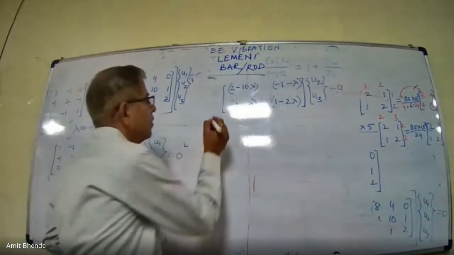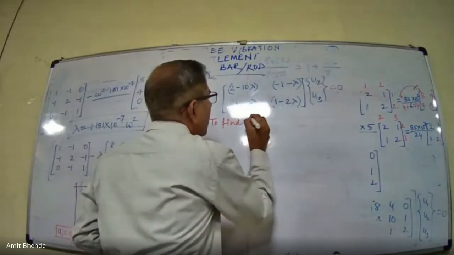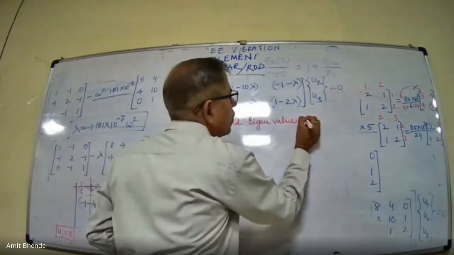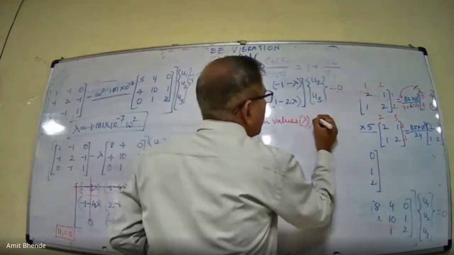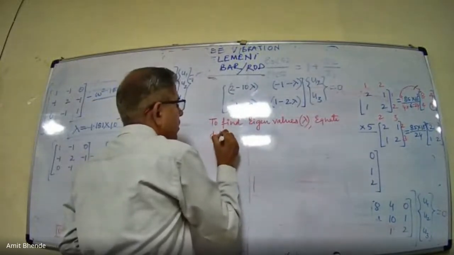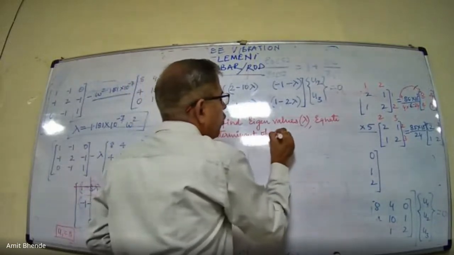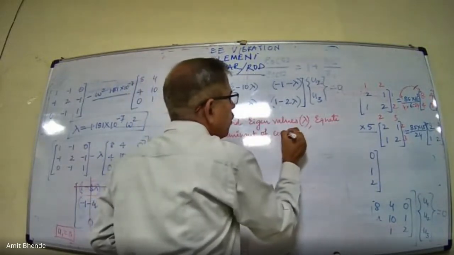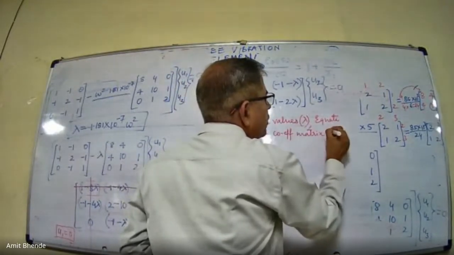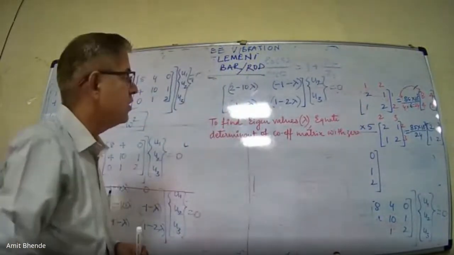So to find the eigenvalues of lambda, equate the determinant of the coefficient matrix with 0. This is called the coefficient matrix.